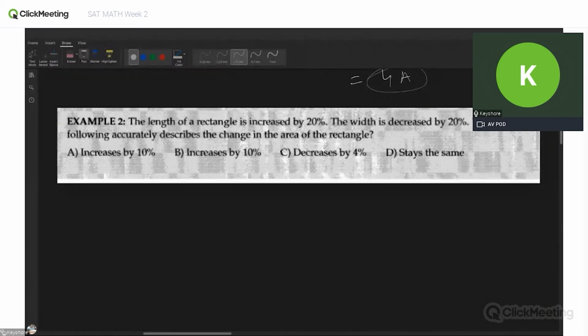All right, let's look at this one. This one also delves into the concept we discussed earlier about percent, so I think it's a good connector for all these concepts. First thing, the area of a rectangle is equal to length times width.